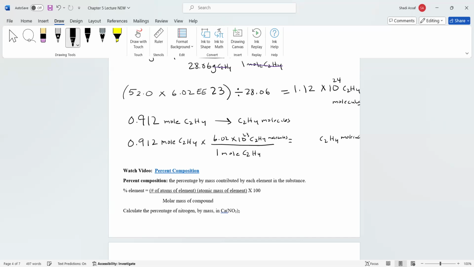You're multiplying, so the units cancel out, and multiplying 0.912 by 6.02 times 10 to the 23rd, you will get 5.49 times 10 to the 23rd C2H4 molecules. Practice, practice, practice.